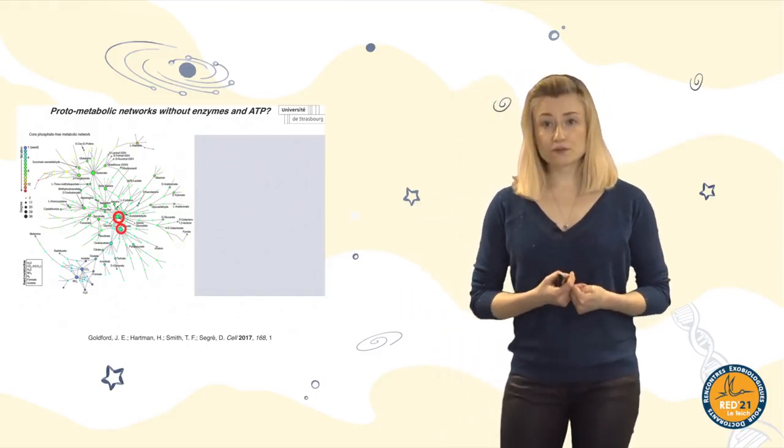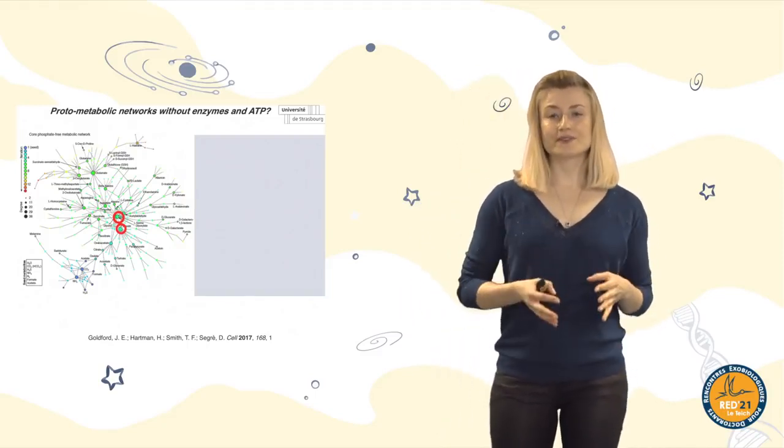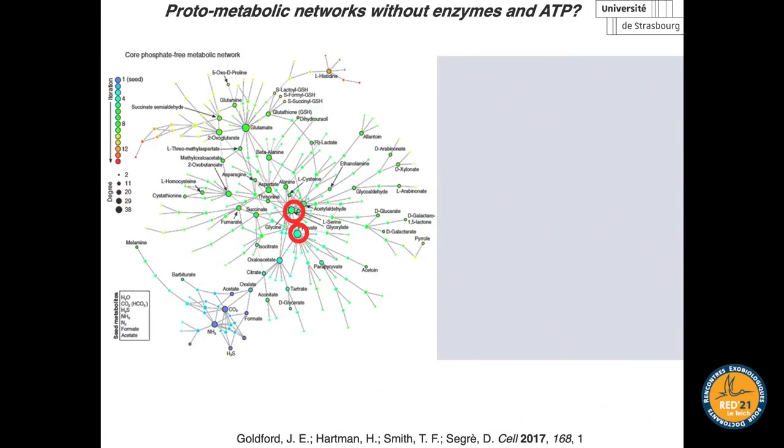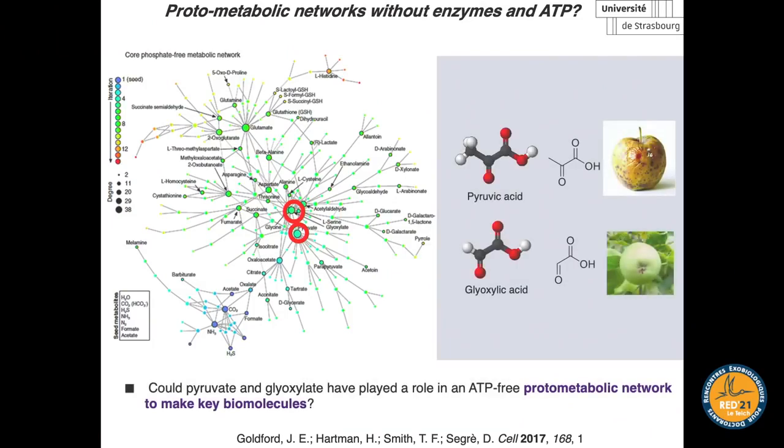So the two nodes that were the most well connected in this metabolism that didn't depend on ATP were two compounds, pyruvate and glyoxylate. Nowadays we can find them, for example, in apples. They're very abundant.